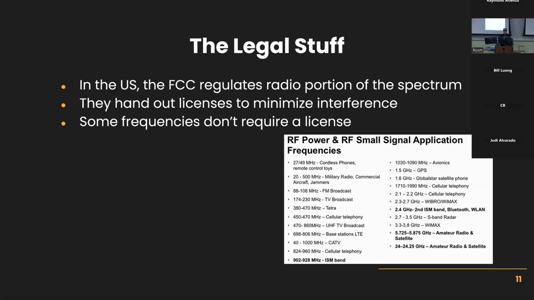They hand out licenses for this so that whoever owns that license is the dedicated owner of that radio frequency space. Some frequencies don't require licenses, like 2.4 gigahertz, where that is like Wi-Fi, Bluetooth, your personal area network. And there's other stuff. Amateur radio does require a license in some instances, but it allows citizens to broadcast on that.